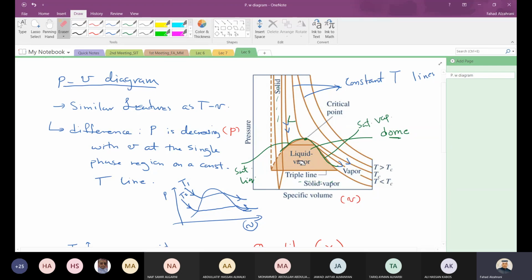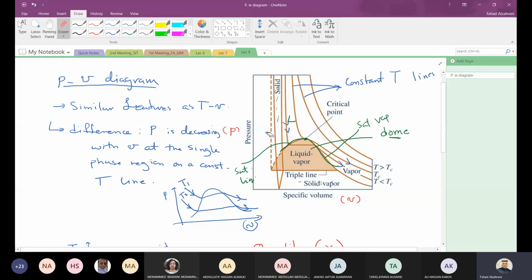Any questions? Yes, doctor. This figure, does it describe the sublimation process, or is it like all of them? So as I said, because it goes from solid to vapor, yes, it shows the solid vapor region and it shows the solid region, but we will not focus on that.